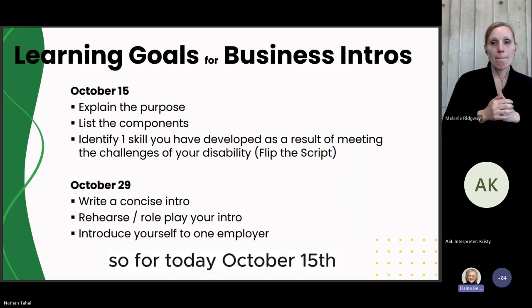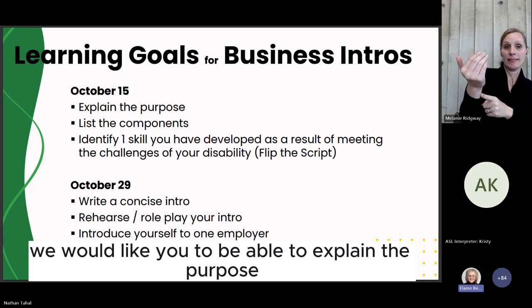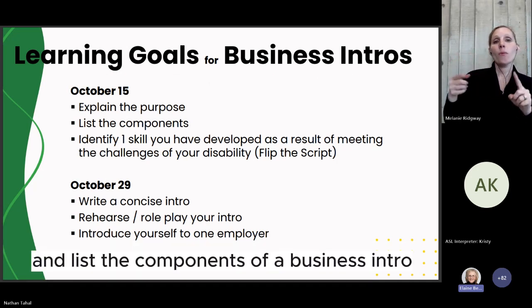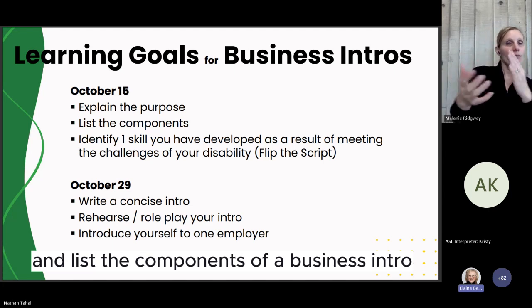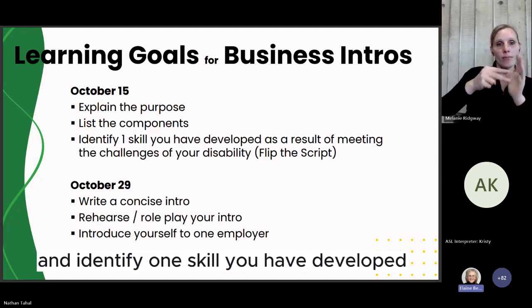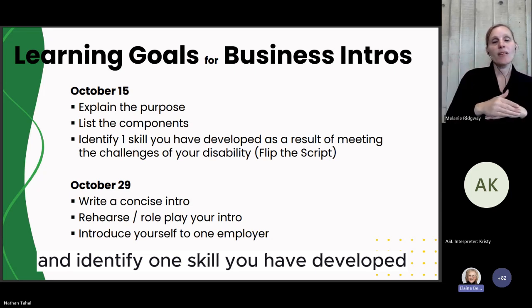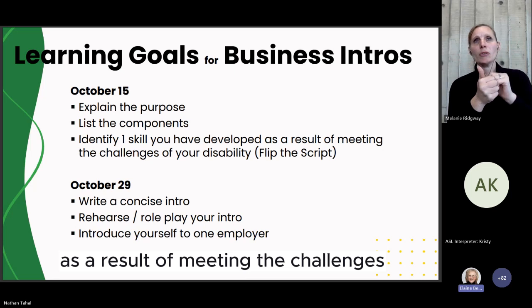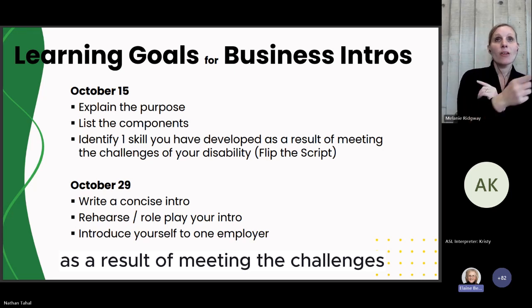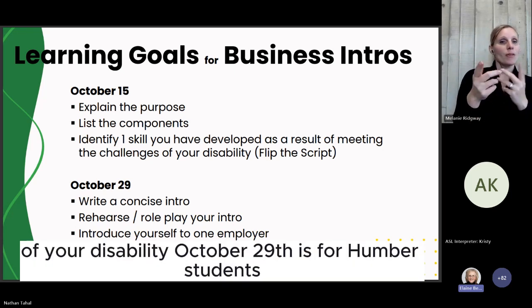So for today, October 15th, we would like you to be able to explain the purpose and list the components of a business intro and identify one skill you have developed as a result of meeting the challenges of your disability.